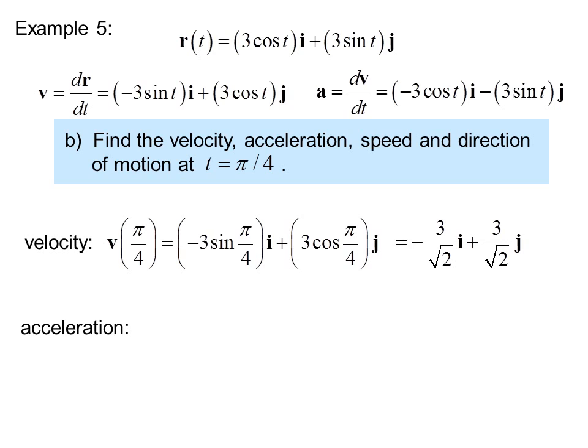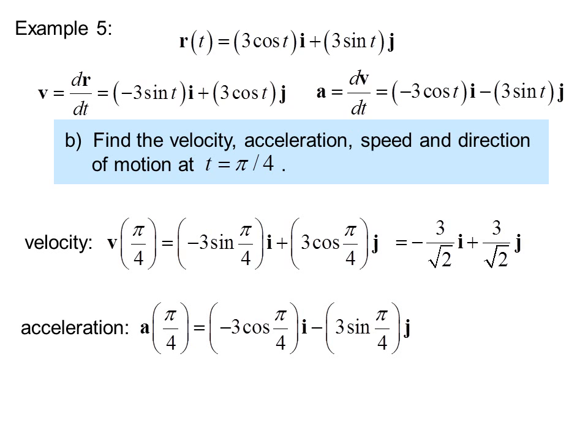Acceleration at pi over 4 is negative 3 cosine pi over 4 i minus 3 sine pi over 4 j, which is negative 3 over radical 2 i minus 3 over radical 2 j.